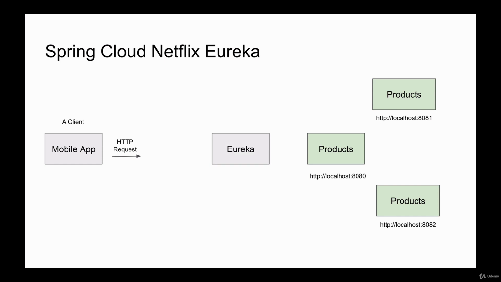And here comes Eureka Discovery Service. When each instance of products microservice starts up, it will register itself with Eureka Discovery Service. So Eureka will know the address of each microservice, and if there are 3 instances of products microservice, Eureka will know the address of each of them. When a new instance of products microservice starts up, it will register with Eureka itself.